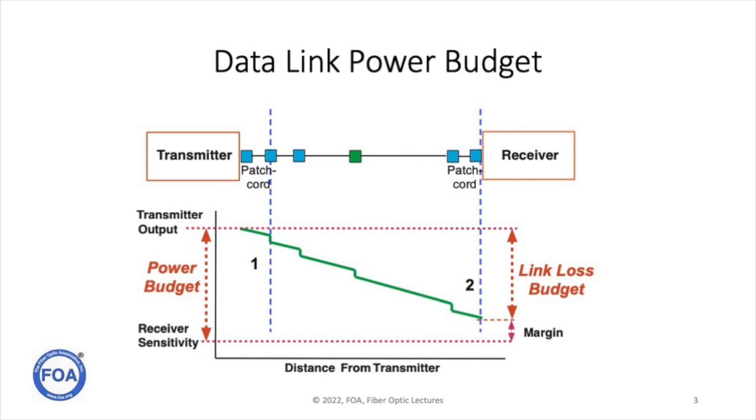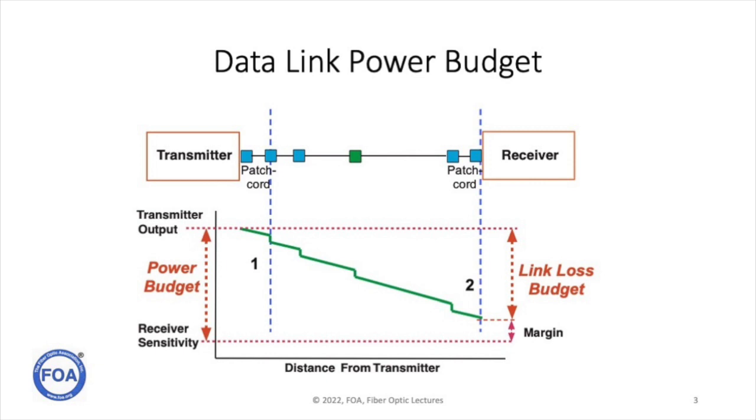Every data link can be described by its link power budget. The power budget is the difference between the output power of the transmitter and the sensitivity or minimum required input at the receiver. When we're designing a fiber optic cable plant and trying to determine if a particular communication system will operate on the cable plant that we're using or building, we can compare the power budget to the link loss budget.